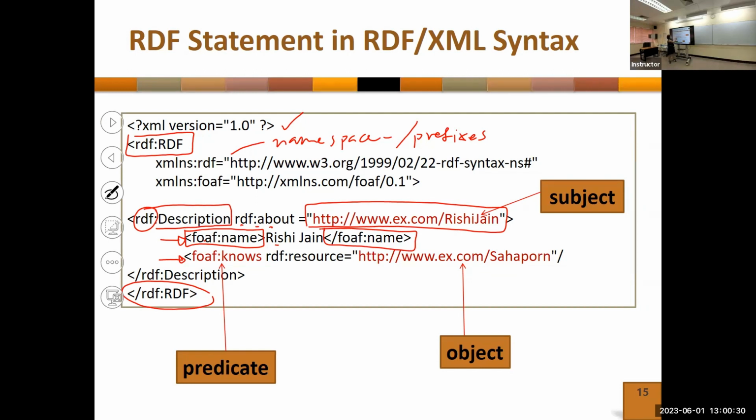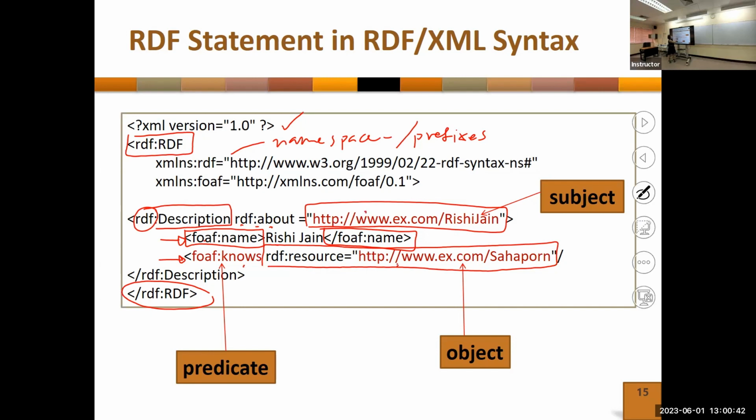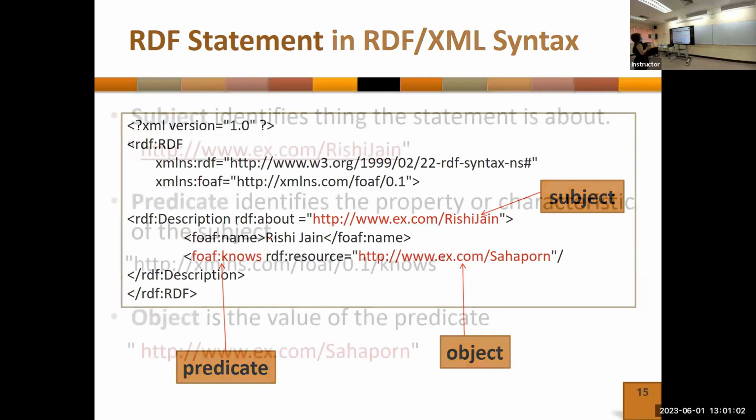If it is an object, you say that Rishi Jane knows this URI, so you use rdf:resource. But if it is a person's name, a literal, you define a different syntax, a different way. These are just two different ways, but with RDF/XML syntax, there are several other ways to do it as well.